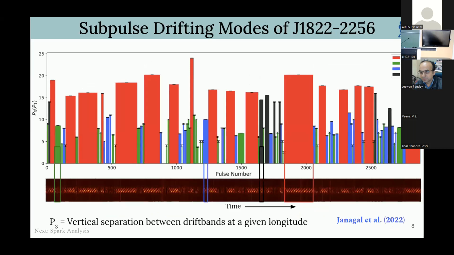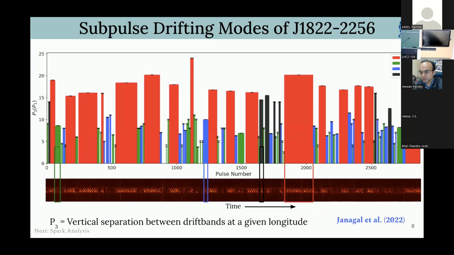So in this pulse stack below, the horizontal one, you may notice that the pattern of these drift bands is changing with time. These different kinds of drifting patterns can be quantified using a value called P3, which is the vertical separation, or in this case, horizontal separation between the drift bands at a given phase or longitude.